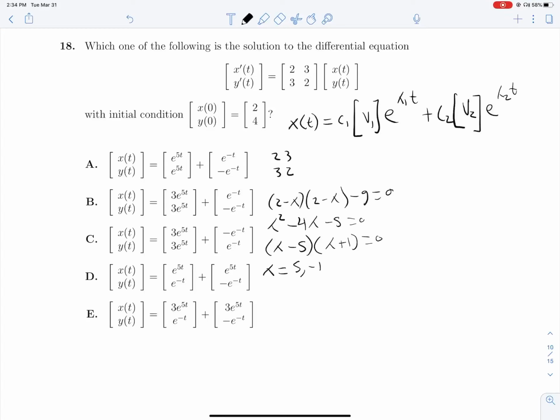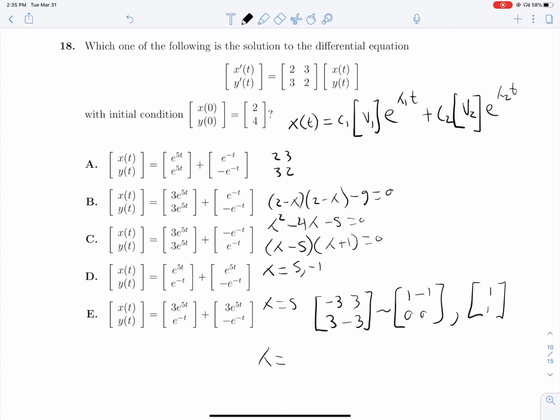And so with this in mind, we can go through and solve for our eigenvectors. So if lambda is equal to 5, we will be left with negative 3, 3, 3, negative 3 as our matrix A, which will simplify down to 1, negative 1, 0, 0, which gives us the eigenvector 1, 1.